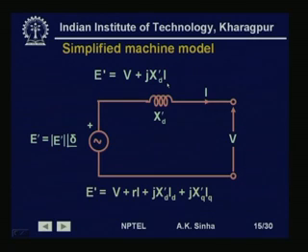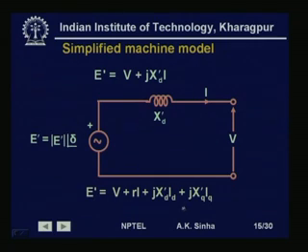So, this is what we will get in case of a cylindrical rotor machine, but if we are using a salient pole machine model, then the internal voltage E dash will be given by V plus R into I. I have used the resistance also. Normally, this resistance is negligible and one can neglect this term R into I. Otherwise, if we want to use it, then this can be used. So, V plus R I plus J times x d dash into I d plus J times x q dash into I q.